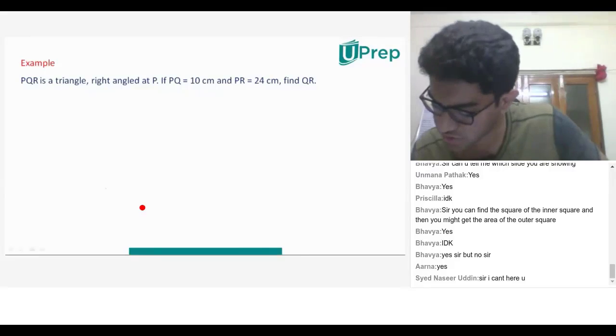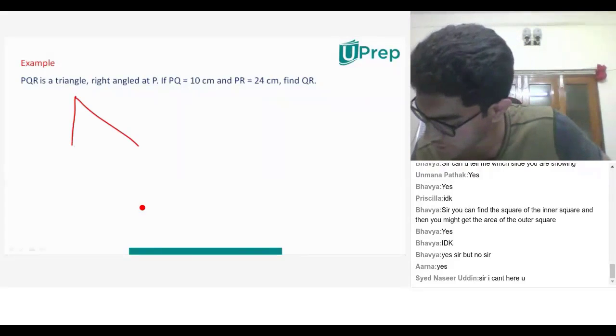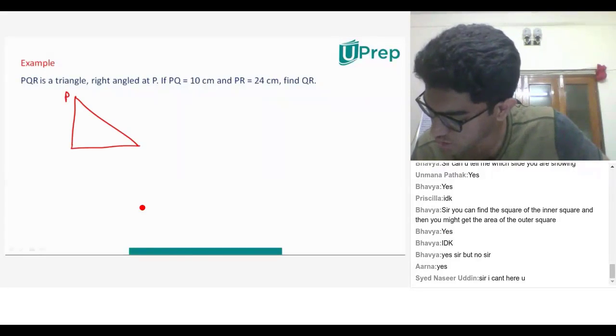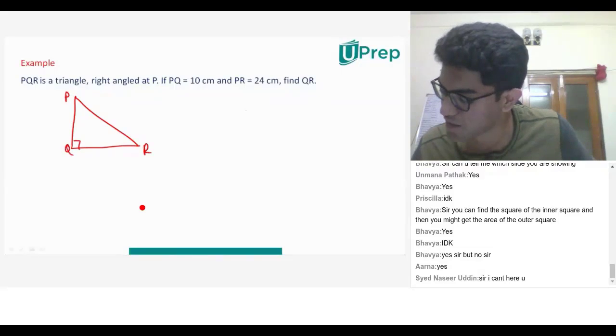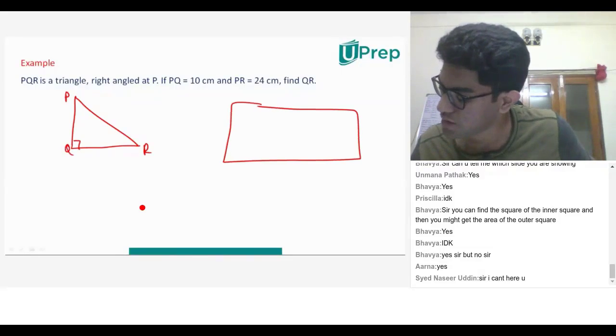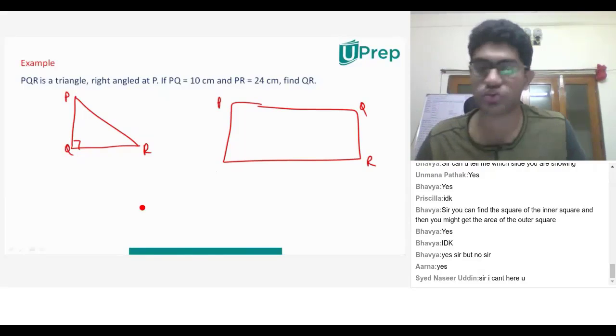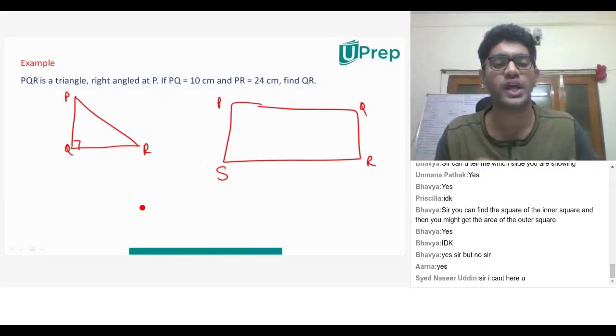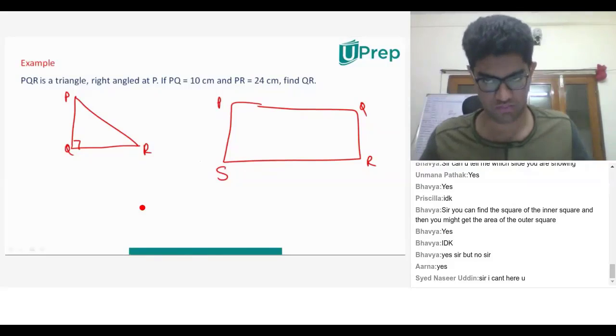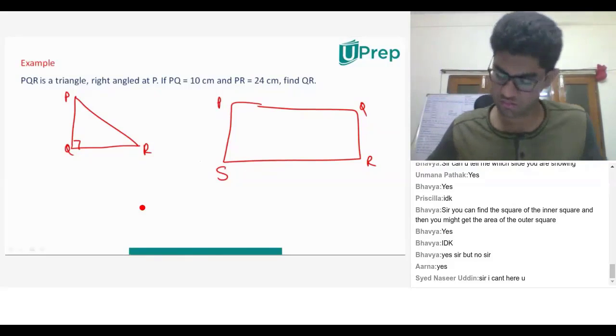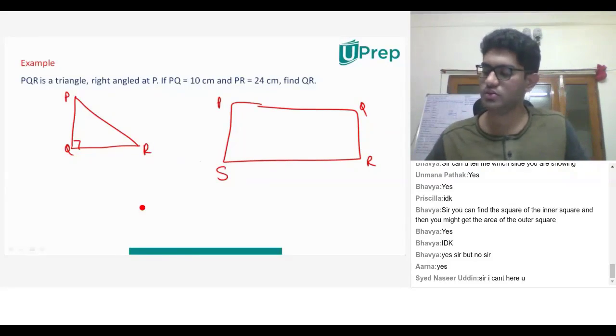PQR is a triangle. Guys, you know how to name stuff, right? Yes. PQR. I told this to you. If I'm naming a rectangle, PQRS. Go in an order, either clockwise or anti-clockwise. So PQR is a triangle.